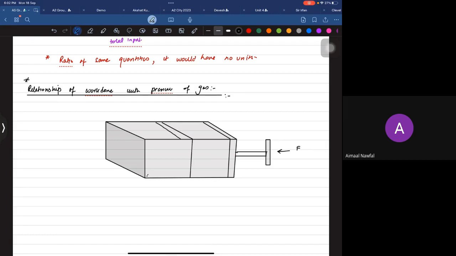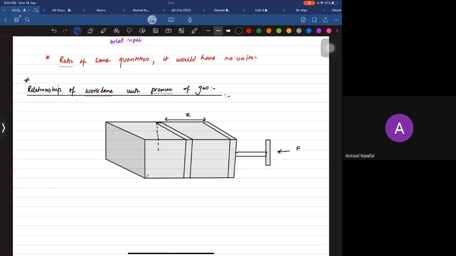So I just want to tell you that when it moves like this, obviously it will cover some displacement. Do you agree? Also, this plunger will have some area like this.